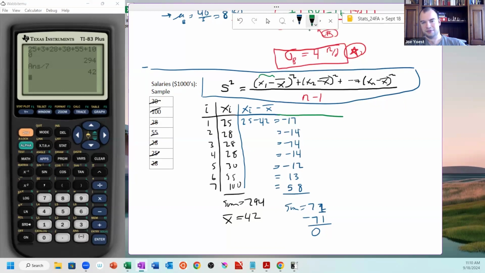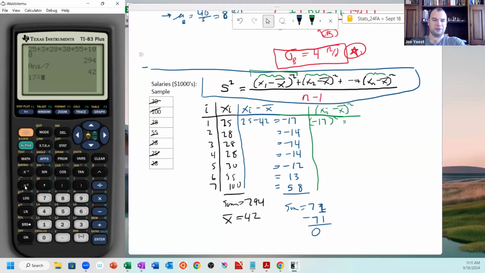So now I have all of these components, the insides of the parentheses. Next, I need to square them and add them together, and that gets me my numerator. So I have, for instance, negative 17 squared.